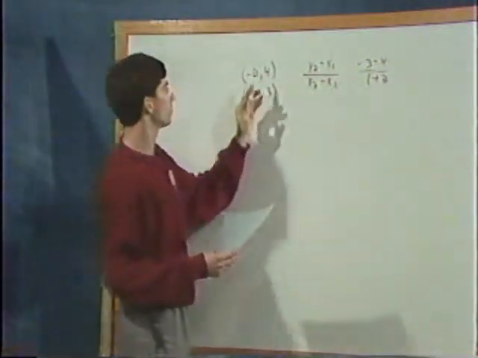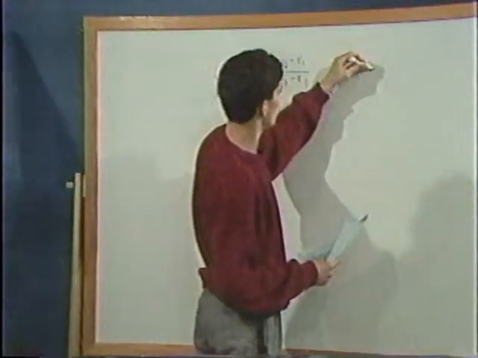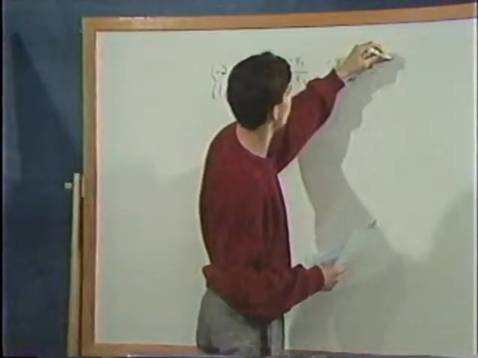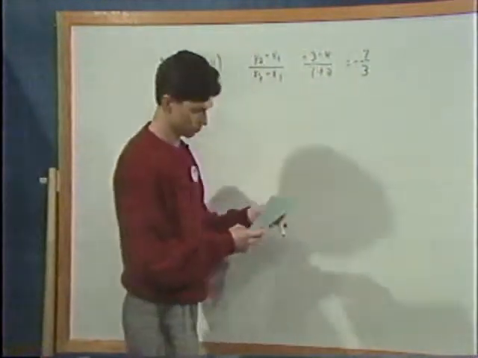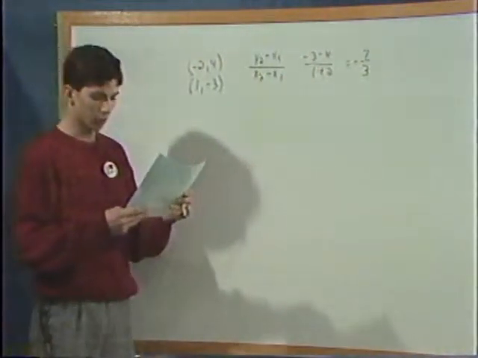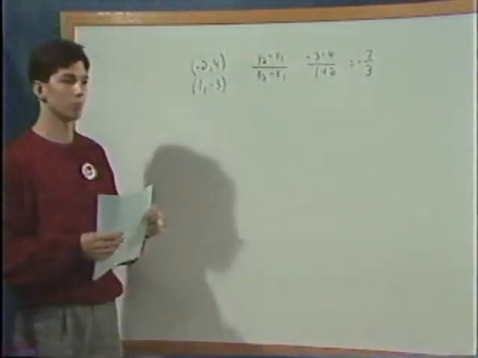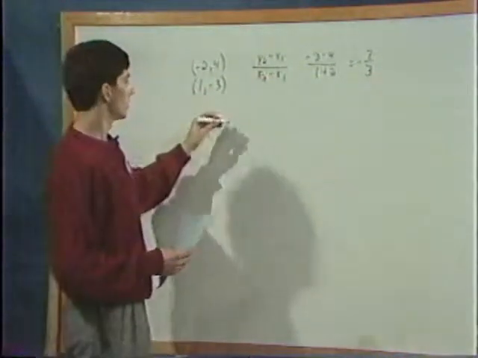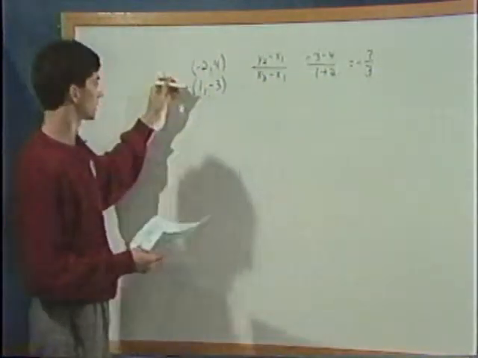Since we're subtracting, we have a negative, we simply add. We therefore get the value negative 7/3. What we must do now is to use a point-slope formula with our slope here and one of the given points.